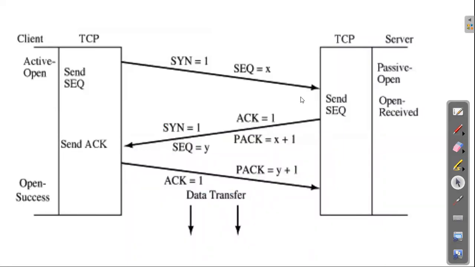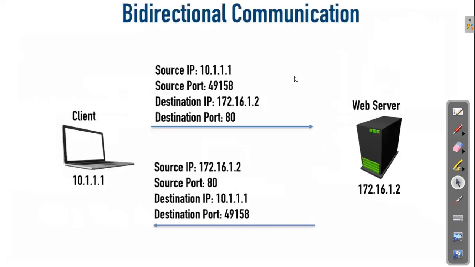This is the mechanism of the three-way handshake. First, it will send a synchronizing packet, with sequence equal to X, and then acknowledgement 1. So packet X plus 1. It will ask for the next packet, and it will synchronize, right? This operation I can discuss later.